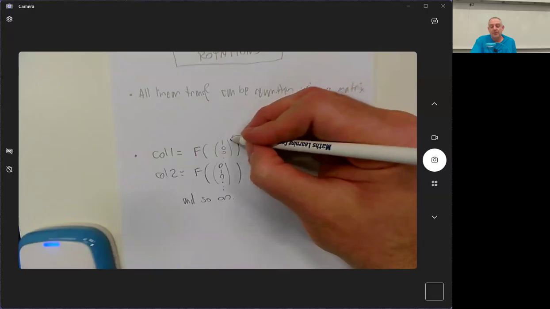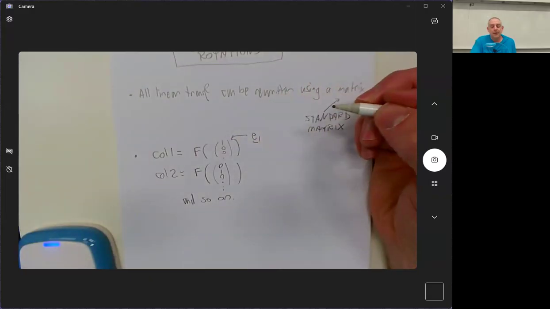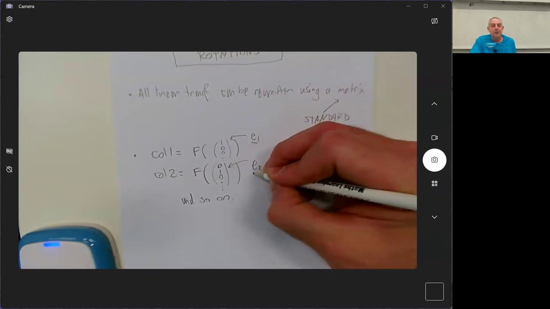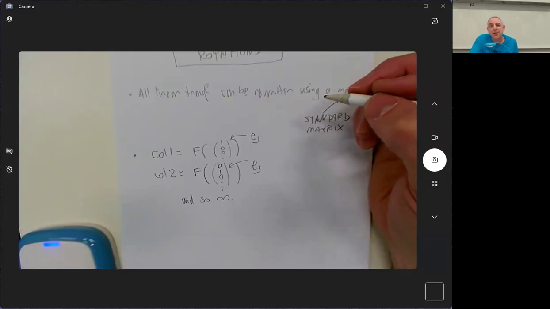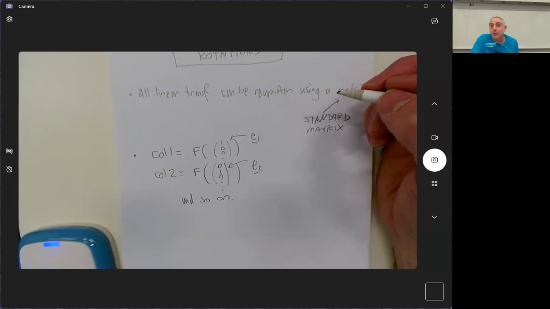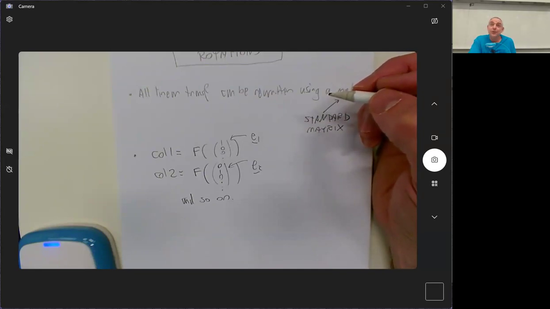The name for this vector, by the way, is E1. And the name for this vector is E2, in case you were wondering. I don't know why E, but there you go. So if you're in R3, there'll be an E1, an E2, and an E3. If you're in R4, there'll be an E1, E2, E3, E4. In R2, there's just an E1 and an E2.